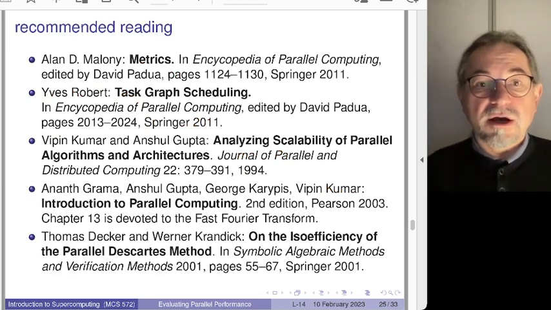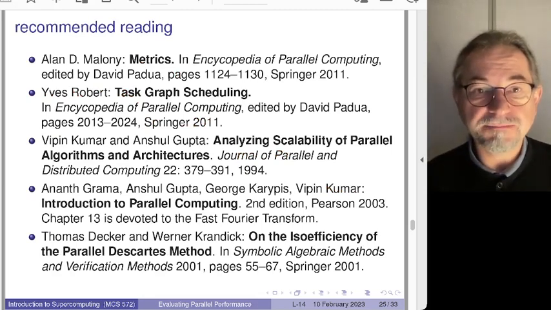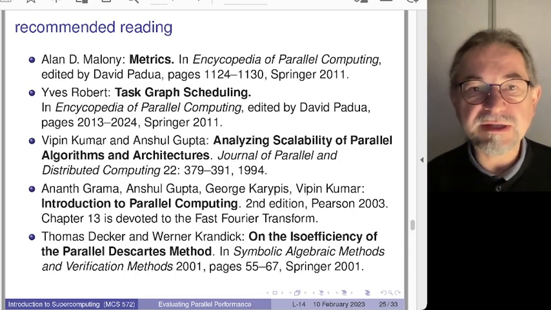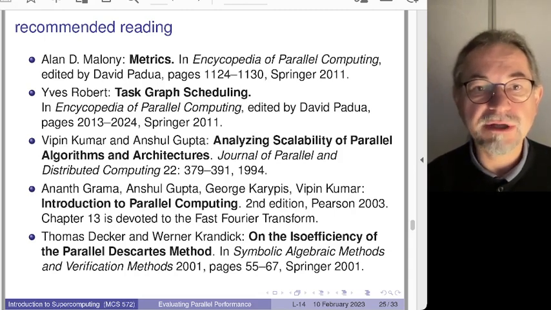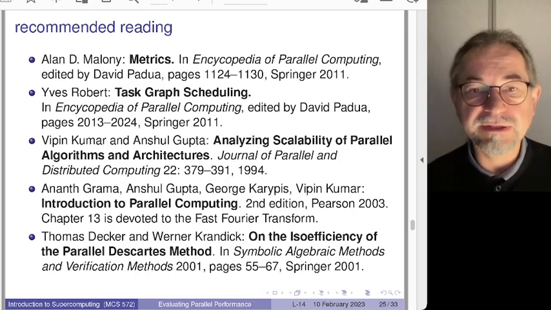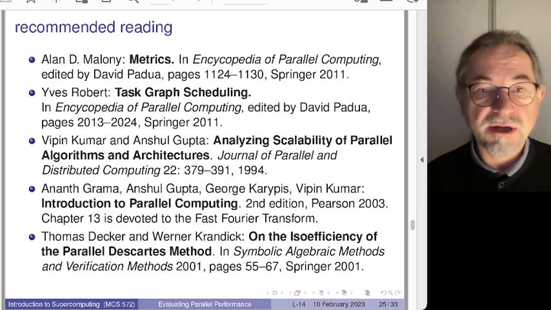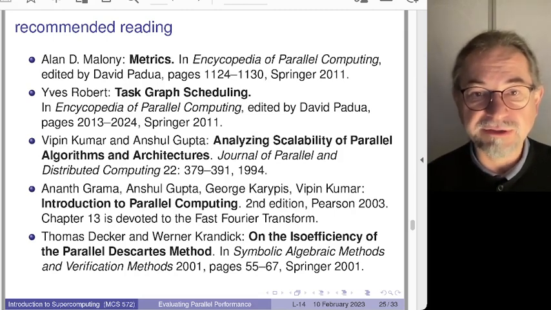Okay, for now, the metrics where I started in the introduction are given in the Encyclopedia of Parallel Computing. The task graph is also defined in the same encyclopedia. For the isoefficiency, there are the journal papers and also the textbook.